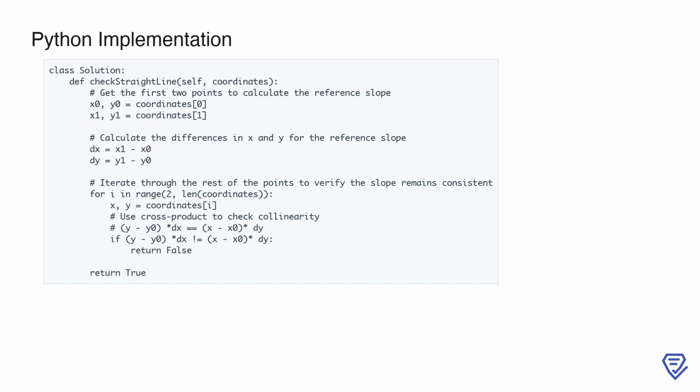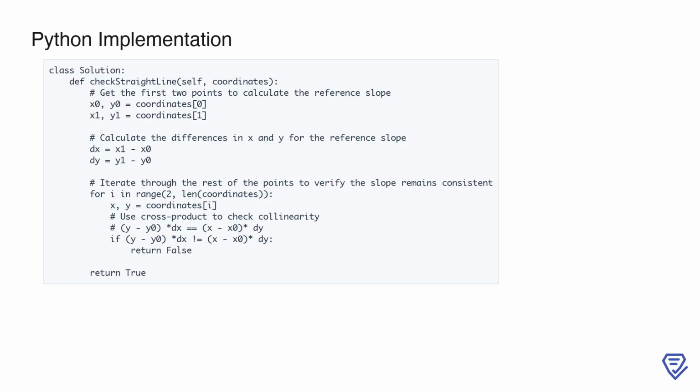3. Iterate through remaining points. For each subsequent point, x, y, in the coordinates array, we verify whether the point lies on the same line. This is done using the cross-product formula, (y minus y0) times dx equals (x minus x0) times dy. This formula avoids division, preventing potential issues with floating point precision. 4. Return result.